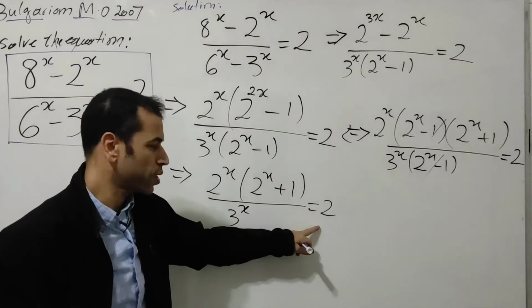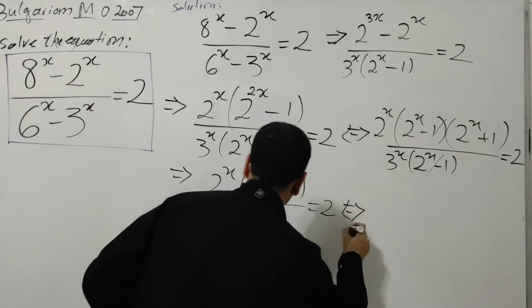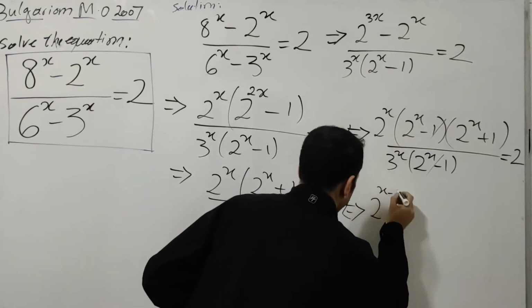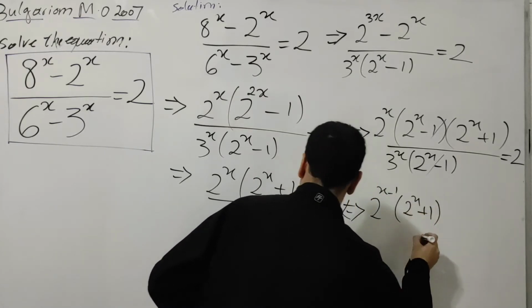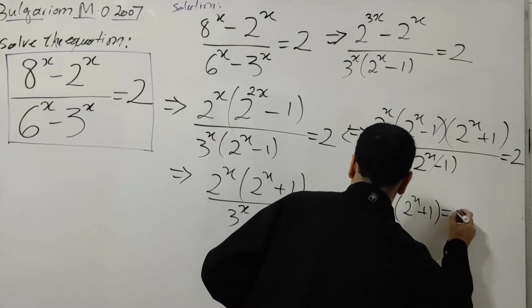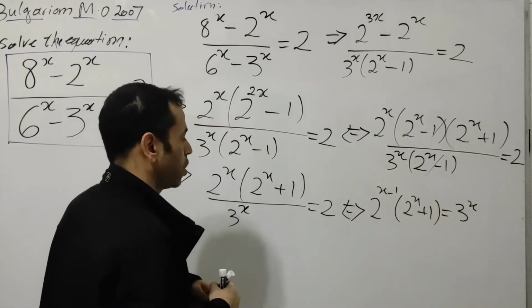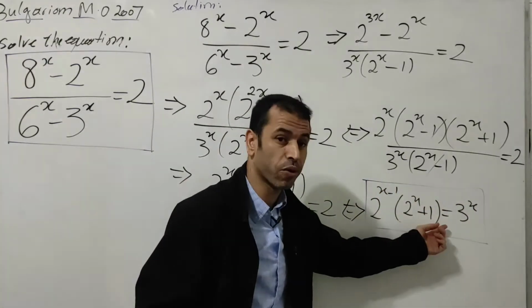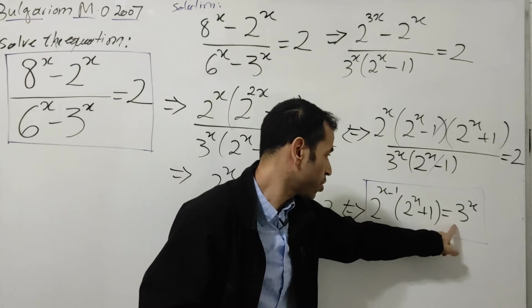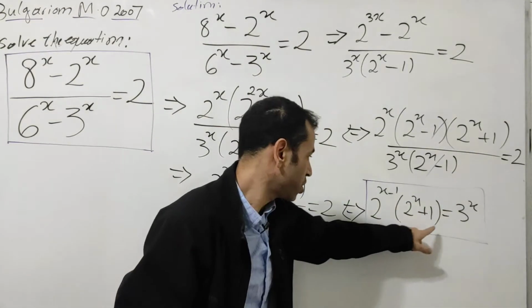I'm going to multiply side by side, so I will have (2^x - 1) multiplied by (2^x + 1) equals 3^x. Now I have ended with this expression. It will become a big problem if you try to solve the equation in real numbers. This is not an easy equation.